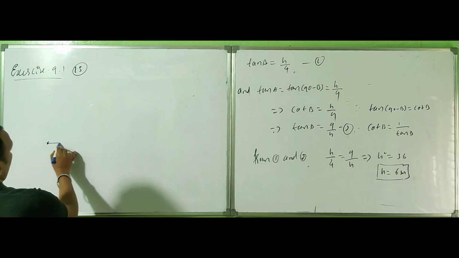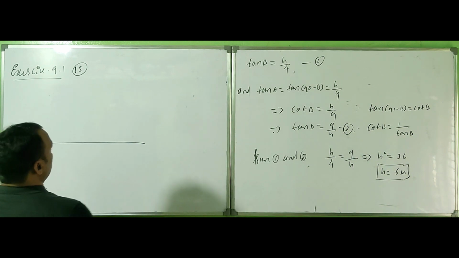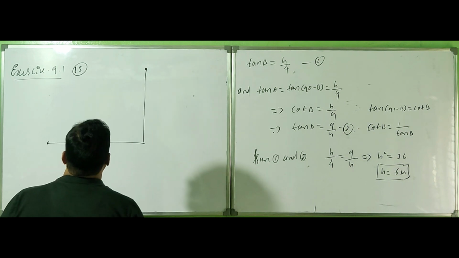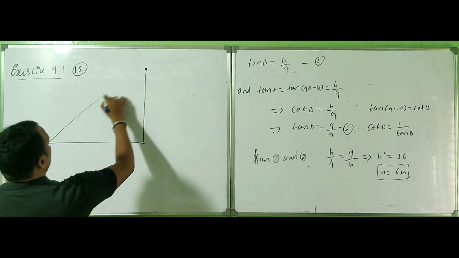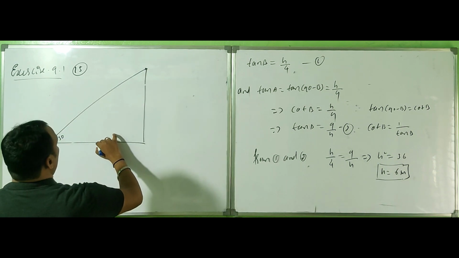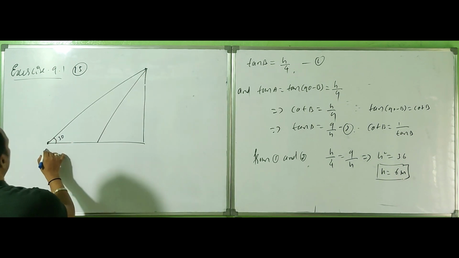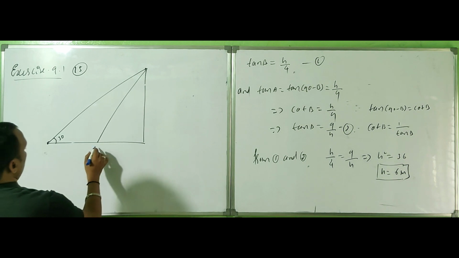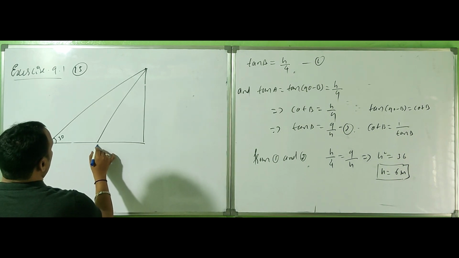Let's say the car is moving in this direction. This is the tower. First we saw the car at 30 degrees, then after some time at 60 degrees, which we know is 6 seconds.